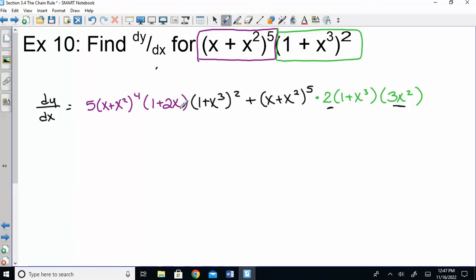Do any obvious multiplication. You know, over here, if you would like, you could multiply the 5 and the 1 plus 2x, but that's not necessarily a requirement for you. So you have some different options with how far you go on this.